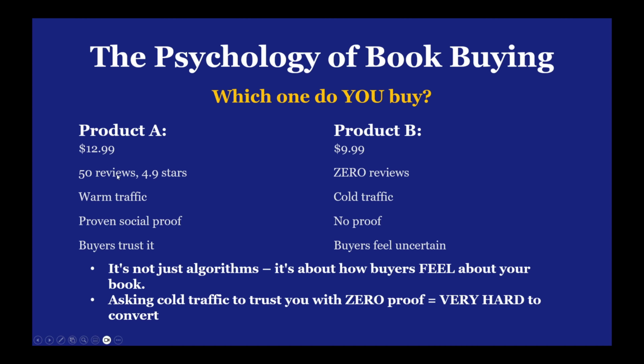And when customers are looking for this product, both of these factors are going to help product A convert much better and get more sales compared to product B, simply because product B has less social proof, and converting cold traffic to a purchase is going to be super difficult.